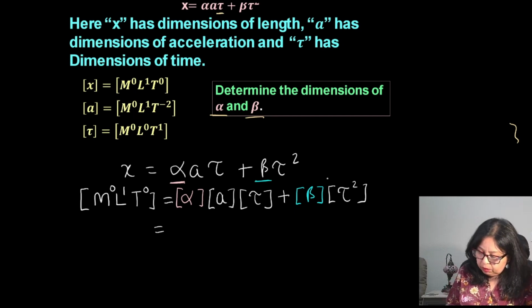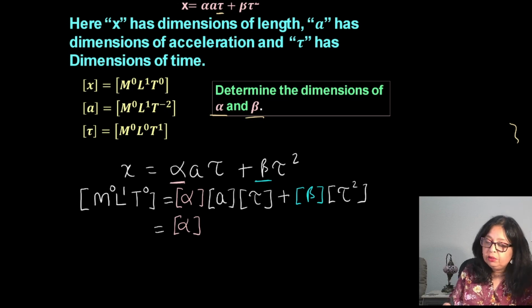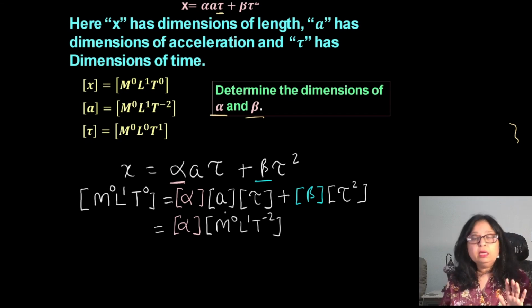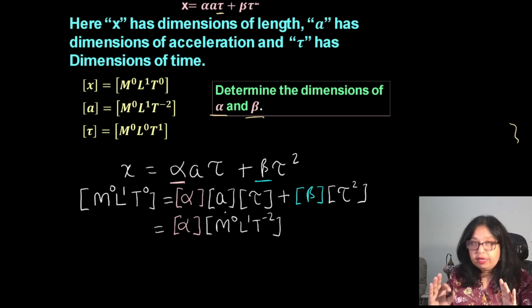Okay, so let's focus on the right-hand side for now. We get the dimensional formula for alpha that we're trying to determine, times the dimensional formula for acceleration, which is M0, L1, T minus 2. I have shown this in the second lecture, so if there is anybody who doesn't know how the dimensional formula of a comes, please review my lecture number 2.